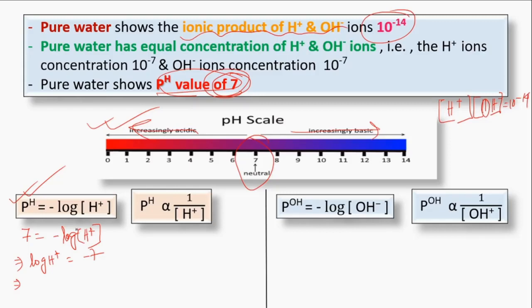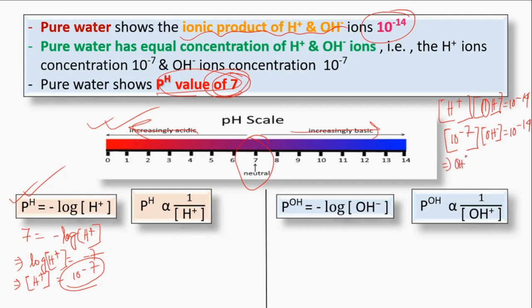If we omit the log, the concentration of H plus would be 10 to the power minus 7. If pure water shows a hydrogen ion concentration of 10 to the power minus 7, we can write that hydrogen ion is 10 to the power minus 7. OH we don't know yet, and the total ionic product is equal to 10 to the power minus 14.